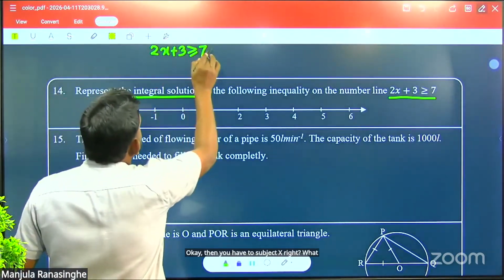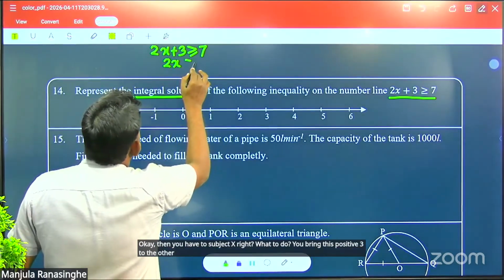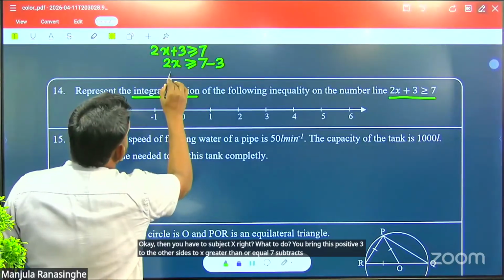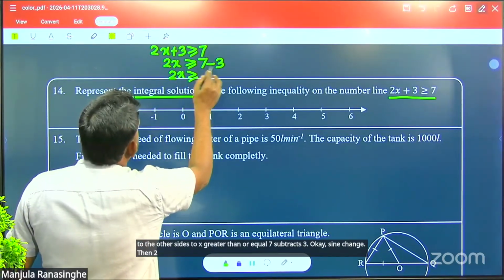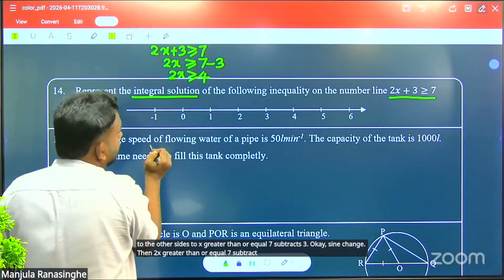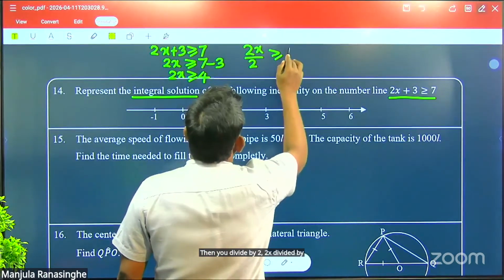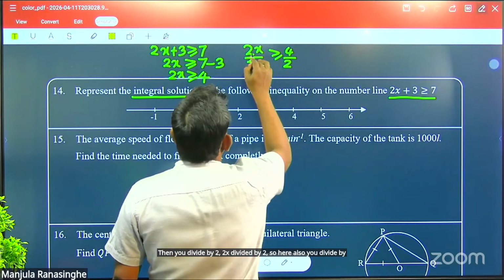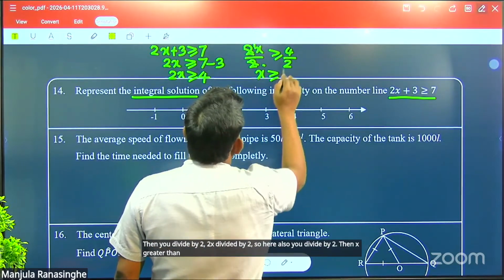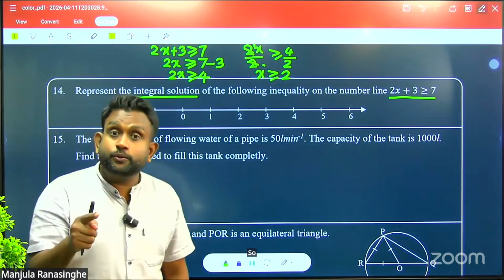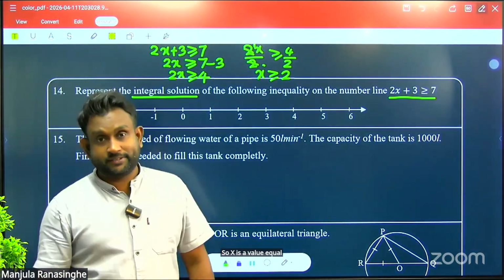You bring this positive 3 to the other side. 2x greater than or equal to 7 minus 3, sign change. 7 minus 3 is 4. Then you divide by 2. 2x divided by 2, so here also you divide by 2. Then x is greater than or equal to 4 divided by 2, which is 2. So x is a value equal to or greater than 2.